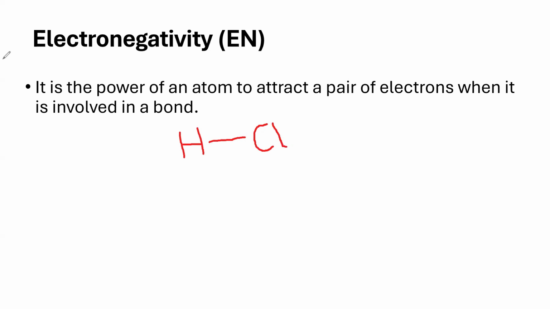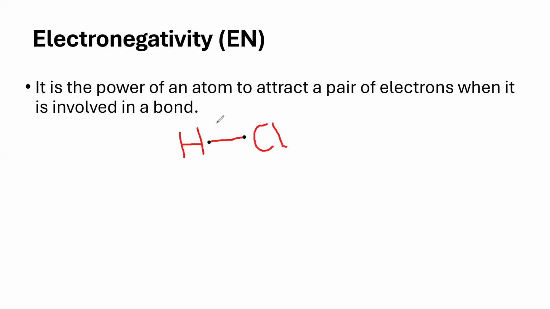And if you remember from the video on the covalent bond, I mentioned that chlorine needs an extra electron to have its outer shell full. And hydrogen also needs an extra electron to have its outer shell full. So chlorine and hydrogen each will share a pair of electrons together, one from chlorine and one from hydrogen.